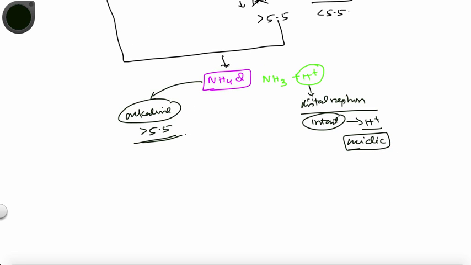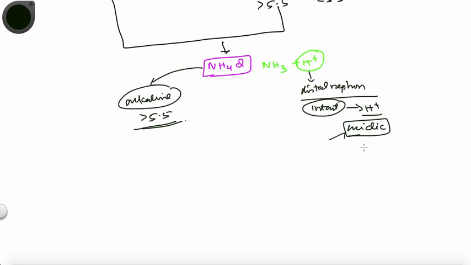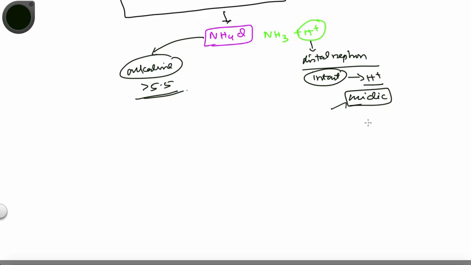Whereas in proximal RTA, even though sometimes the urine pH can be alkaline, after giving ammonium chloride intravenously, this excessive H plus can be secreted via the distal nephron since it is intact, and it can make the urine pH acidic. This is the basis behind the ammonium chloride test. So after the ammonium chloride test, if you find an acidic urine, you suspect a proximal RTA, or if you have an alkaline urine, you suspect a distal renal tubular acidosis.